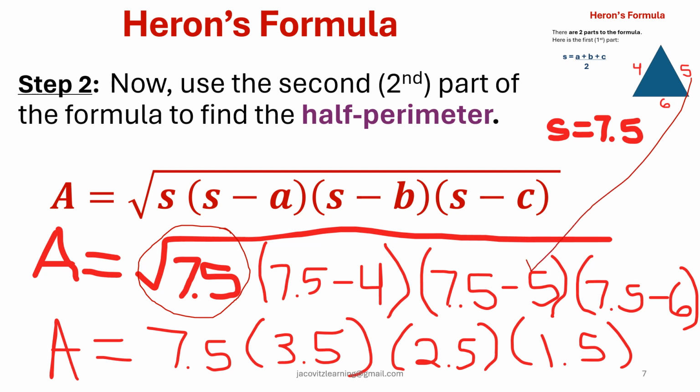This 5 is here, and this 4 is here, and this 6 is here. Guess what happens? You now have all that stuff going on. 7.5 minus 4 is 3.5, 7.5 minus 5 is 2.5, 7.5 minus 6 is 1.5.